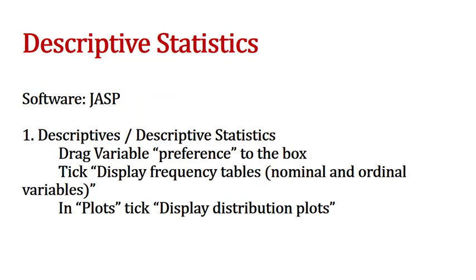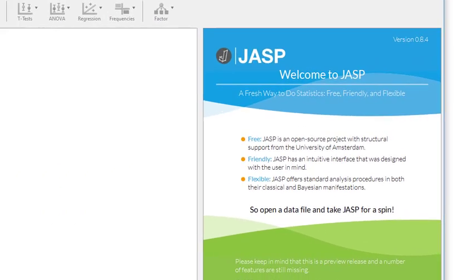Right, so we've got the data, and we are going to use the software JASP to analyze the data, and these are the things that we are going to do to get the descriptive statistics. Okay, so bring in JASP.